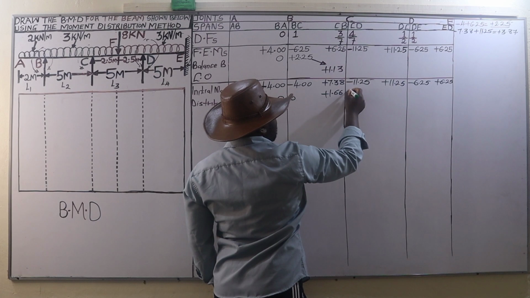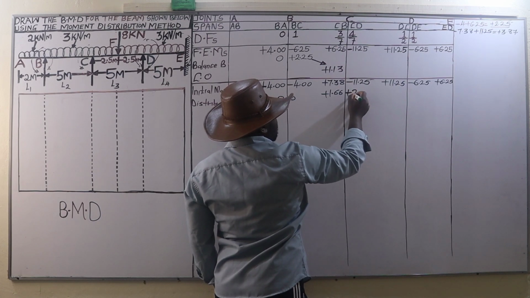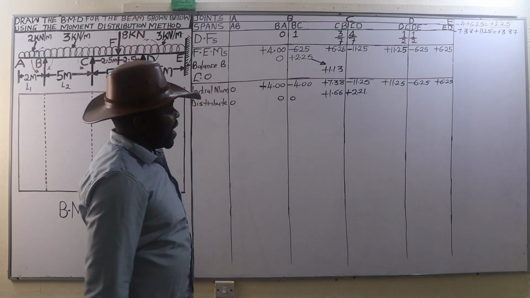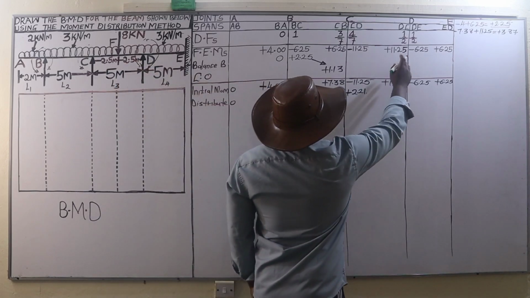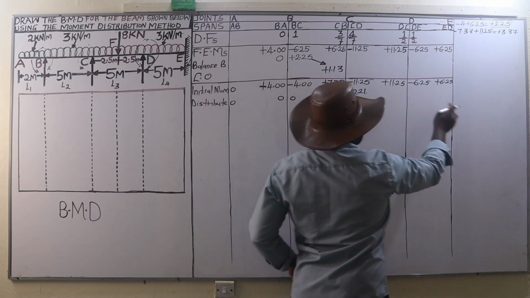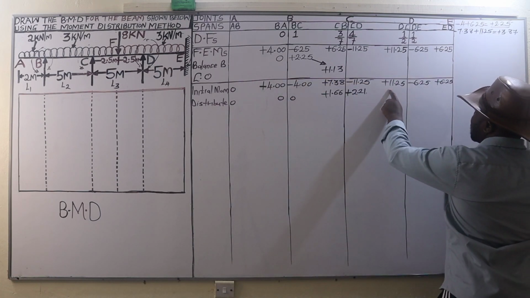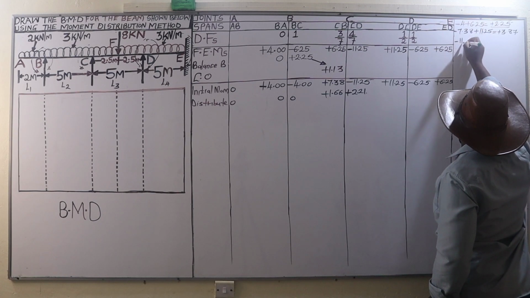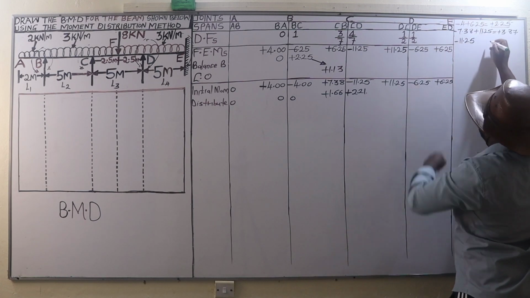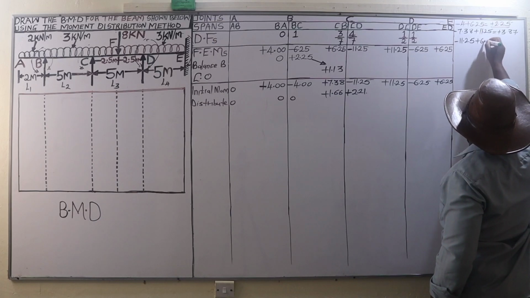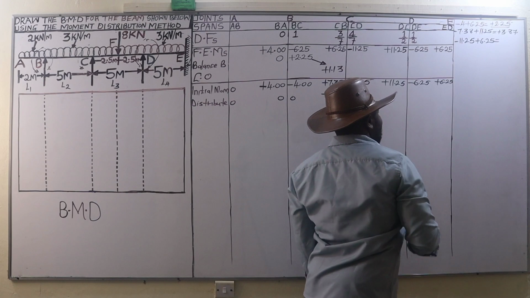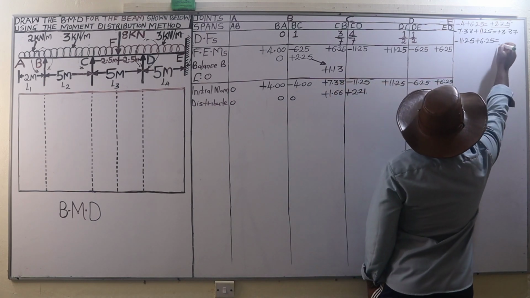positive 2.21. Then on joint D, we have an excess moment of how much? So this is going to be negative 11.25, and the negative 6.25 will change to positive 6.25, and when we do so we are going to get negative 5.